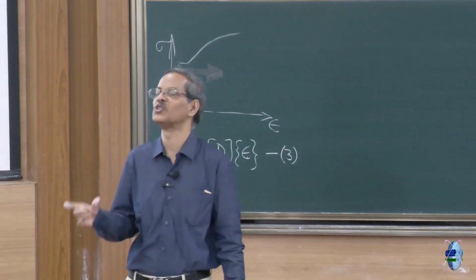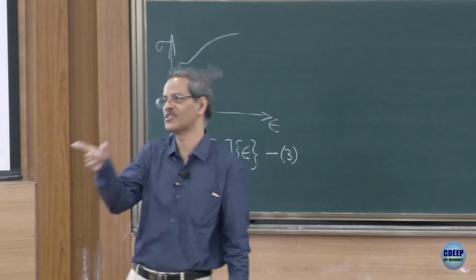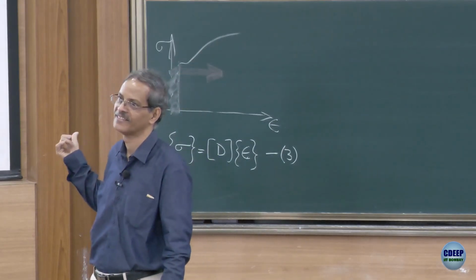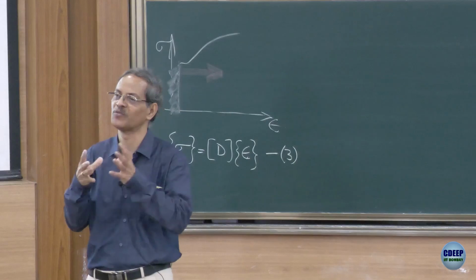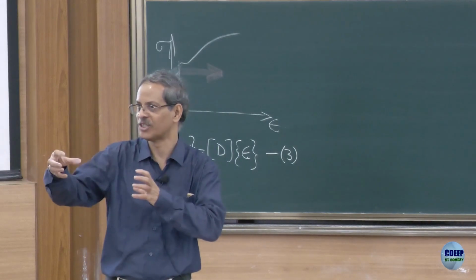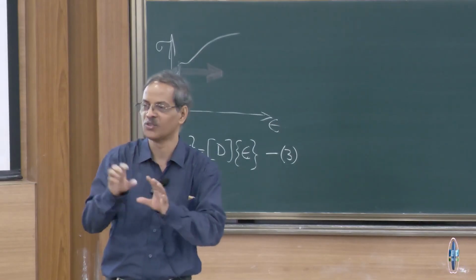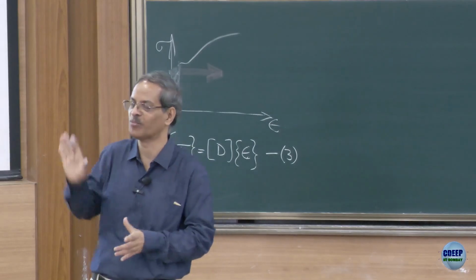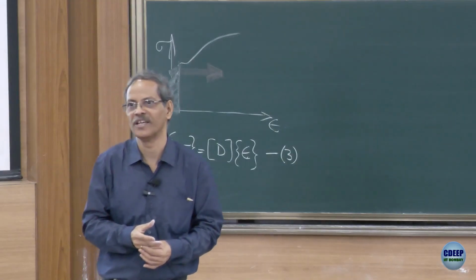Relationship between shear modulus and Young's modulus is assumed in this, right? Because you would have done modulus of rigidity versus Young's modulus, some relationship including Poisson's ratio. So, I have already incorporated that. Okay.